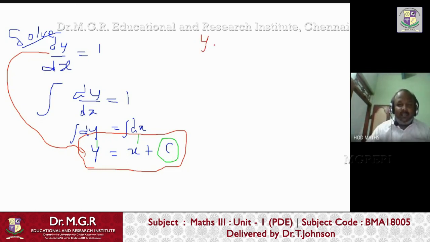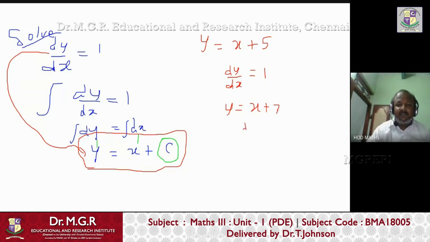See, when we differentiate, the constant becomes 0. Suppose the original equation is y equals x plus 5. If you differentiate it, what do you get? dy by dx equals 1, right? Suppose it is y equals x plus 7, then what is dy by dx?